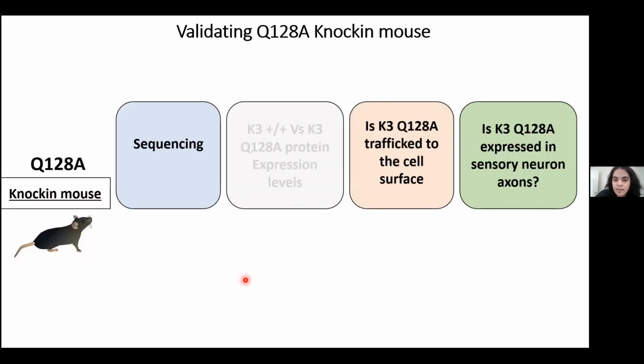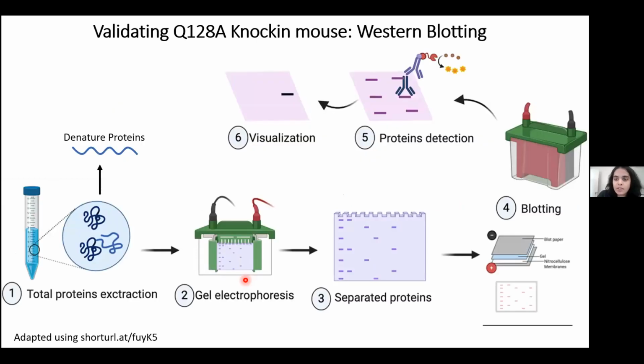So the next thing we did was verify the total protein levels between the wild type and the knock-in mouse. And we did this using Western blot analysis. So a quick refresher, we extract proteins from the brain, lyse the tissue, denature the proteins, run it on a gel.